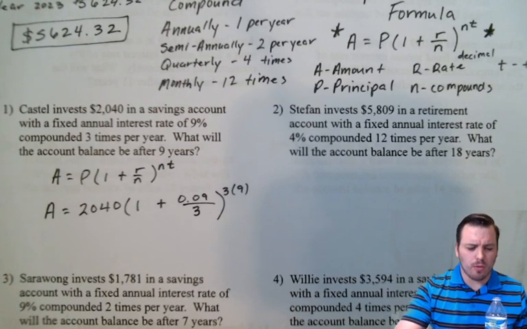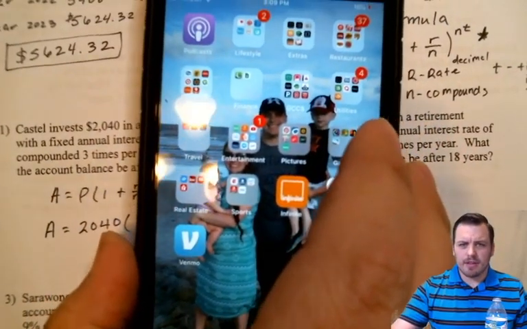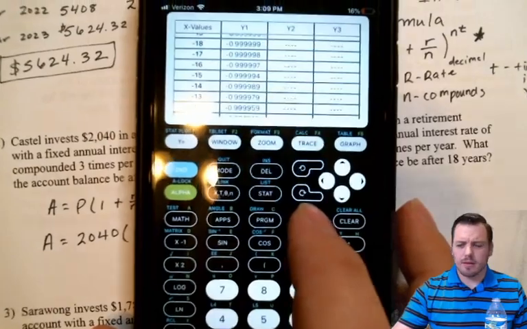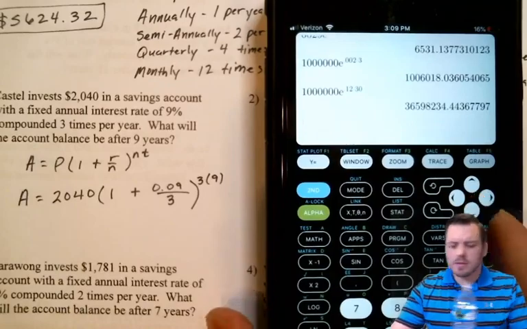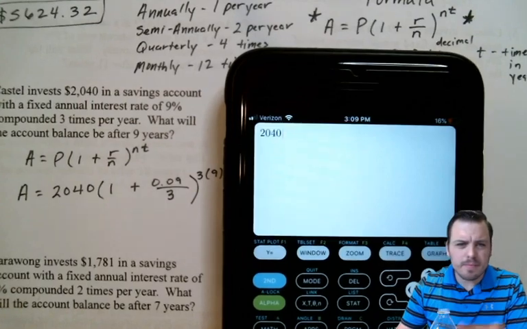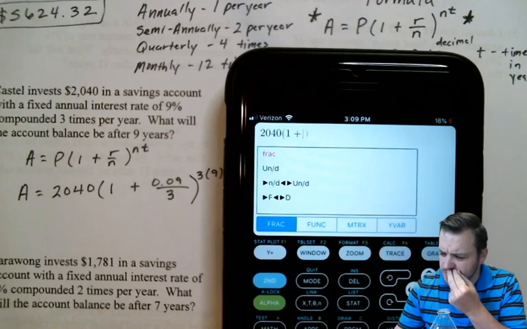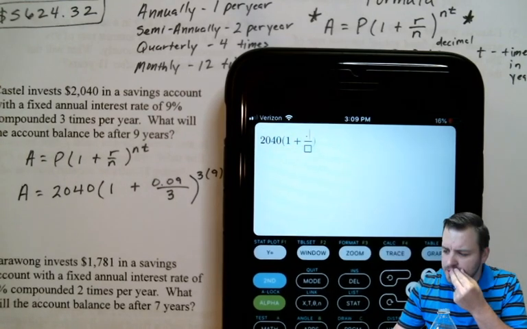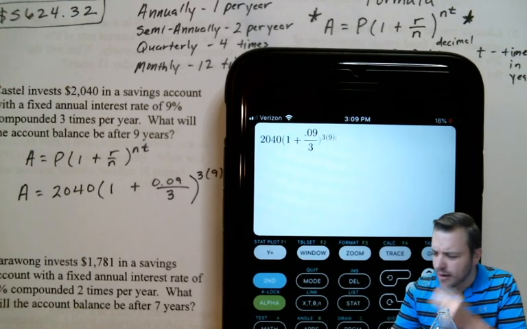So somebody calculate this. I'm going to show you once on the calculator on my phone. We can use this just for a second. So if I do 2040 times 1 plus a fraction, 0.09 divided by 3, and all of that is to the 3 times 9, or 27 power.